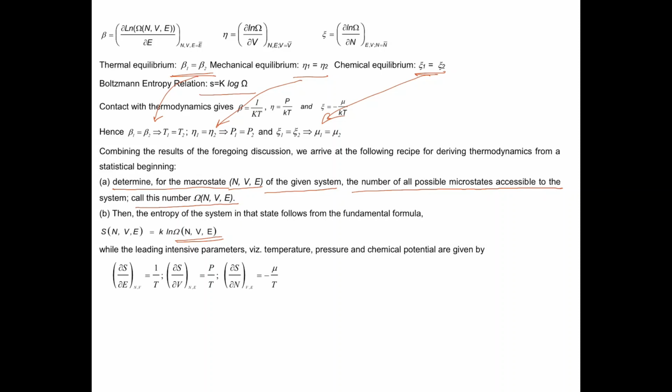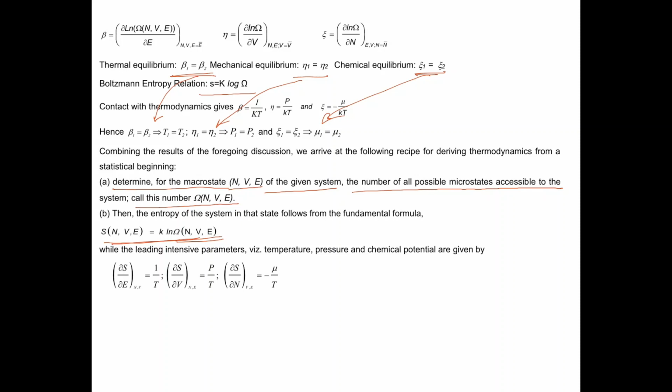So the entropy of that system in that macro state can be found using this equation, S equal to K log omega. One should keep in mind that K is Boltzmann constant, and that is a universal constant.